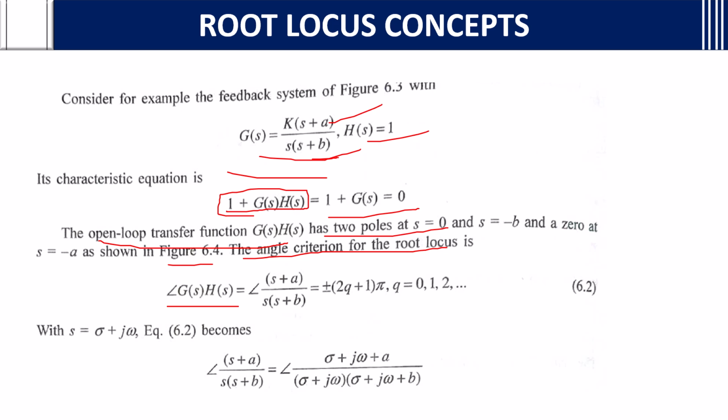So in the place of s, you substitute sigma plus j omega, the real part and the imaginary part, in equation 2. What happens? In the place of s, sigma plus j omega plus a, and sigma plus j omega plus b, which we will substitute.